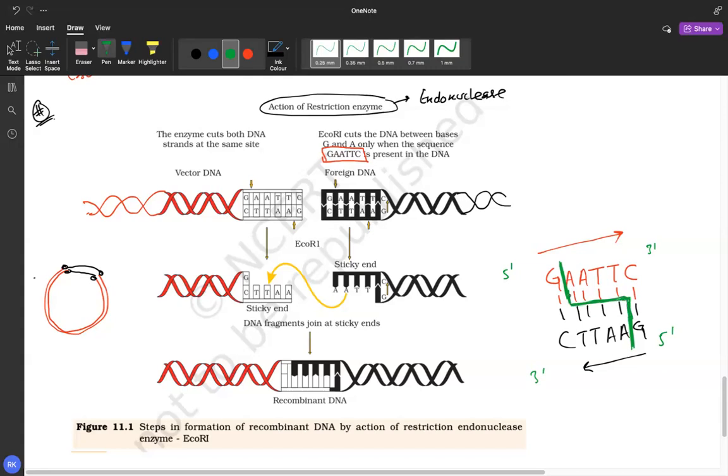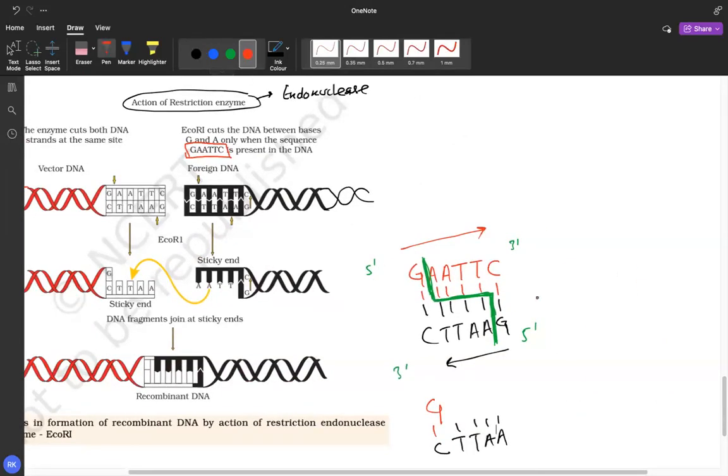On one side, you will have G paired with C, T, T, A unpaired, right? Yes, sir. And on the other side, you will have A, T, C unpaired, and C will only be paired by G, correct?